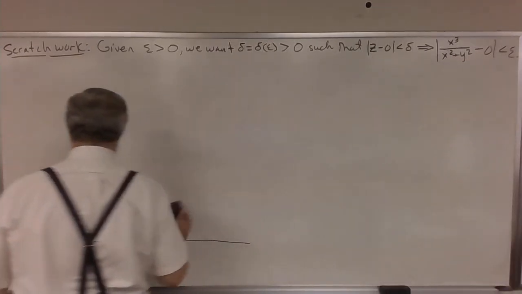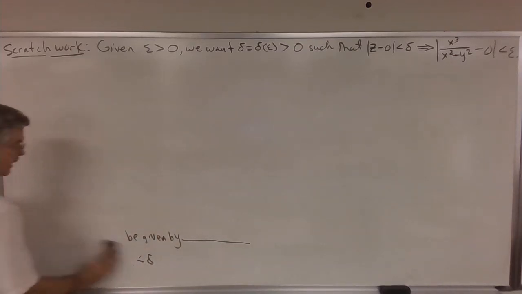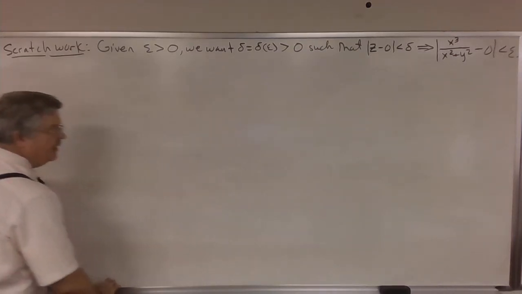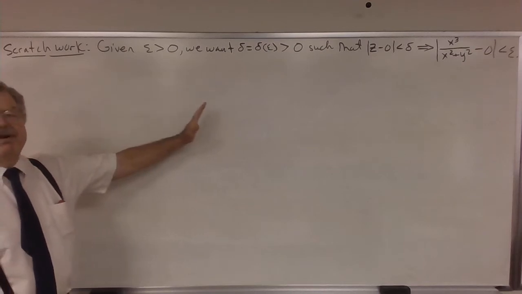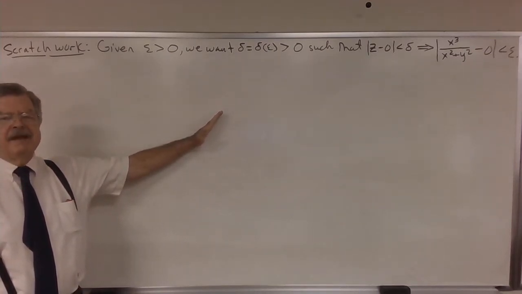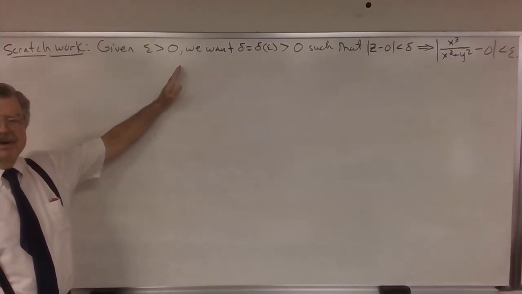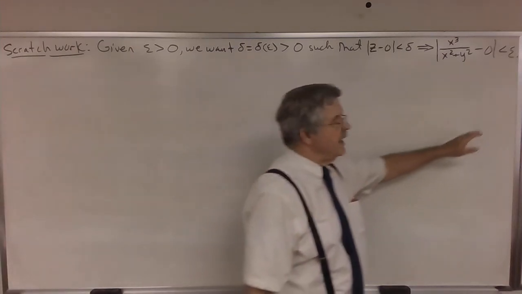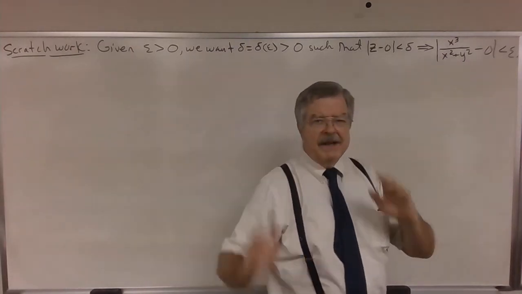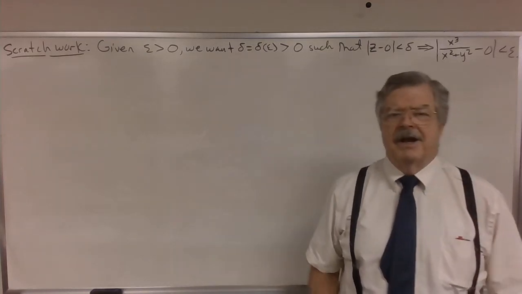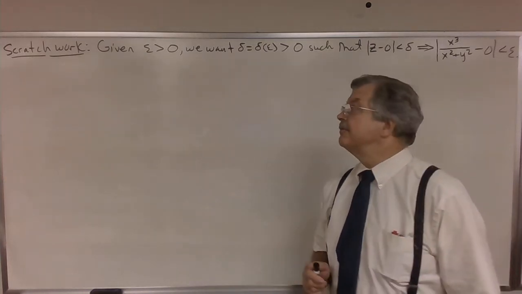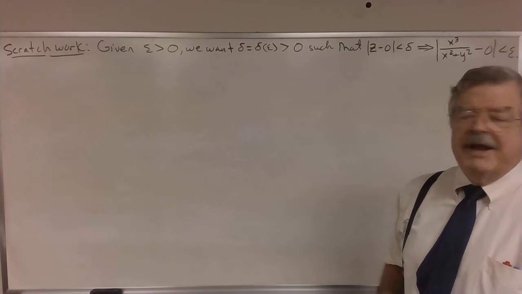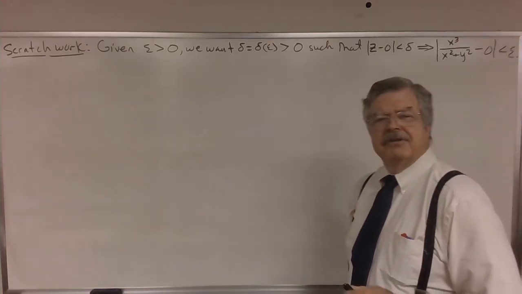So here's where I start my scratch work. And typically I apportion a part of the page separate from the exercise to do this scratch work. And I encapsulate my scratch work in a box and then go back to the exercise I'm working on and fill in the proper values. But in my scratch work, I write out what it is I'm trying to do.